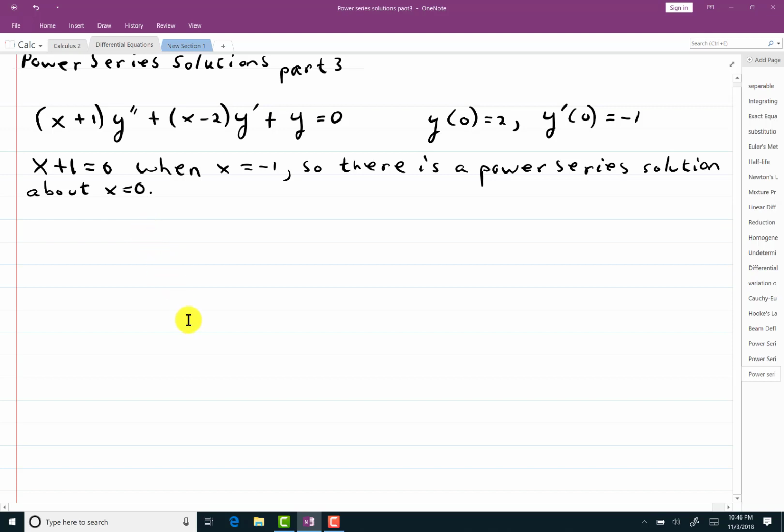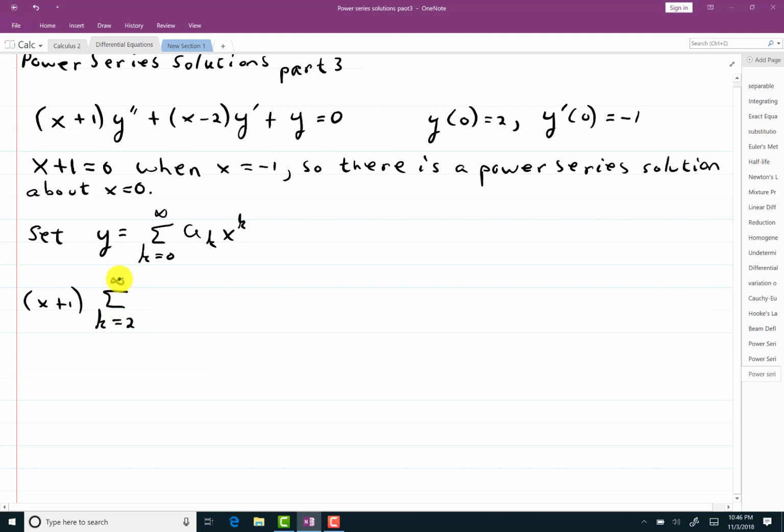Anyways, we're going to set, as we usually do, y equal to the summation k equals 0 to infinity of a sub k x to the k. And then we're going to throw it into the differential equation and see what happens. So we'll have x plus 1. Take the second derivative of this thing, and recall we'll start this series at 2.